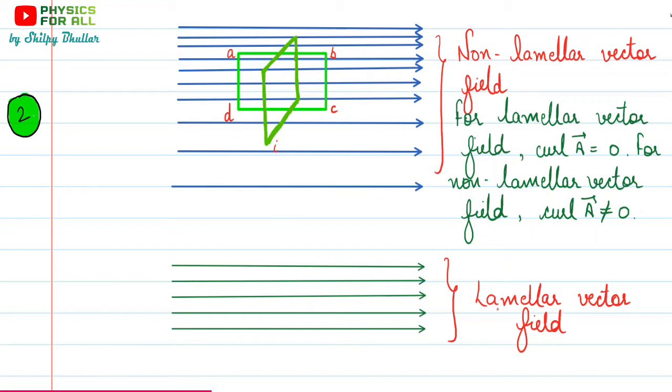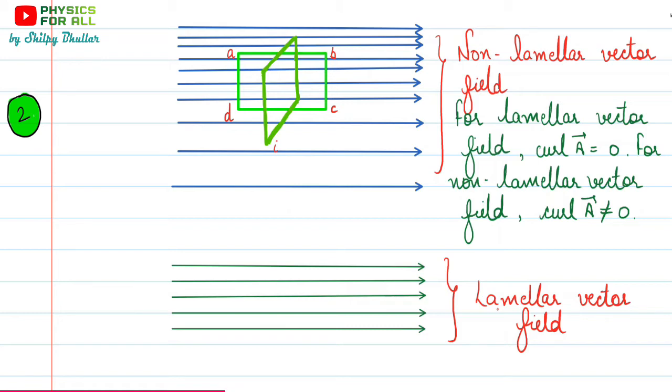Thus, you can see that in case of a laminar vector field, the chances of curl or rotation are negligibly small. These green arrows are so perfectly aligned that they won't curl soon. But in case of non-laminar, you cannot say this with certainty. You can't be sure whether they would curl or not.